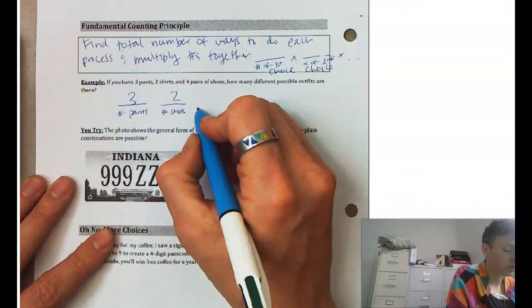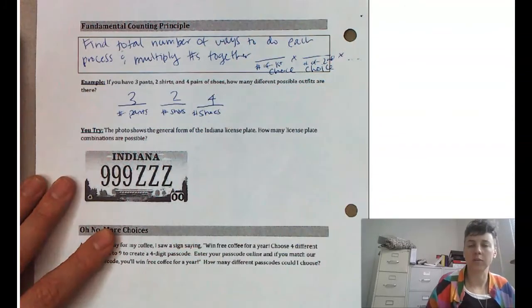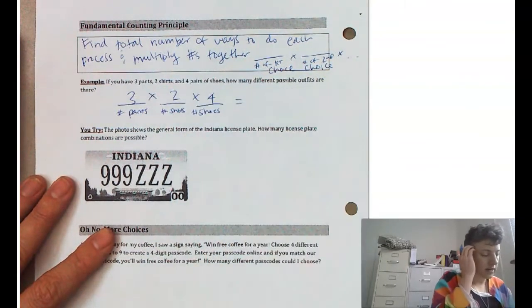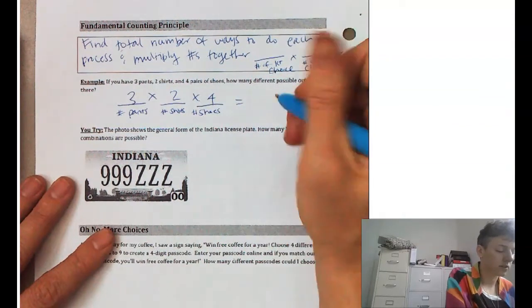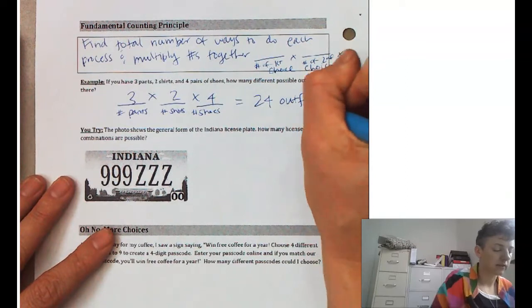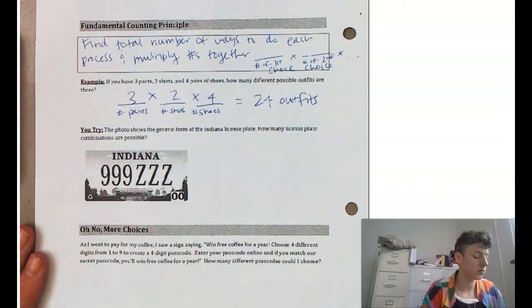How about the shoes? We've got 4. And what do we do with those numbers? We multiply. 3 times 2 is 6, times 4 is 24 outfits. That's pretty good for only 3 pairs of pants, 2 shirts, 4 pairs of shoes. Cool.